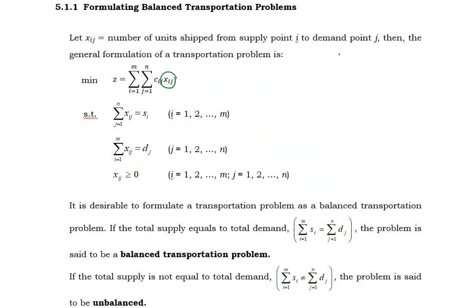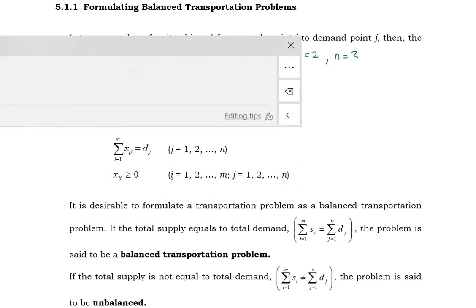For example, a problem has 2 supply points and 3 demand points. We know that the number of supply points is 2, therefore m equals 2, and there are 3 demand points, so n equals 3.